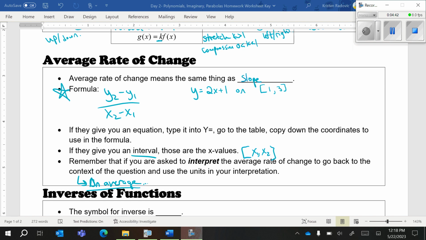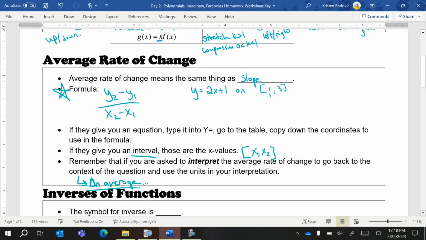So they might ask you to find the average rate of change of y equals 2x plus 1 on the interval from 1 to 3. Now, these are your x values, x1 and x2. What you would have to do is put the equation in your calculator and then go to 1 and 3. Now let's see, that would be 3 and 7.